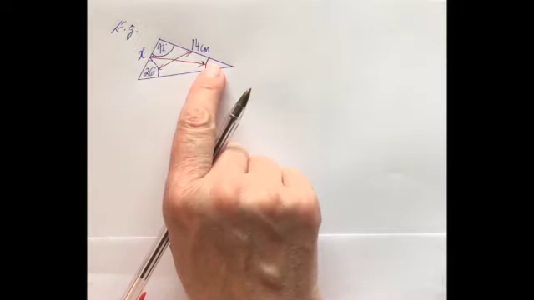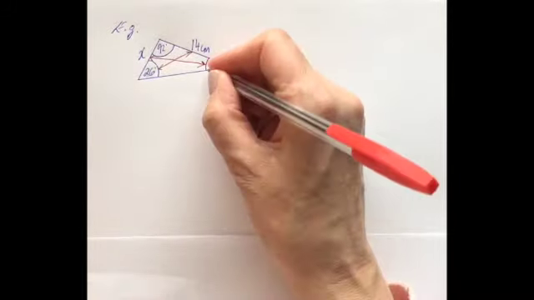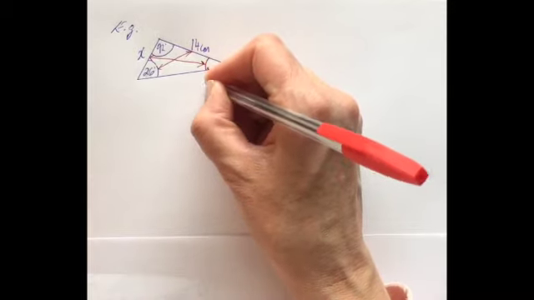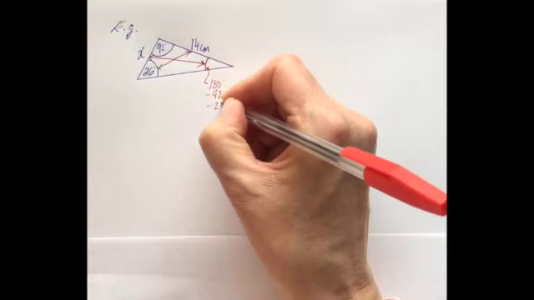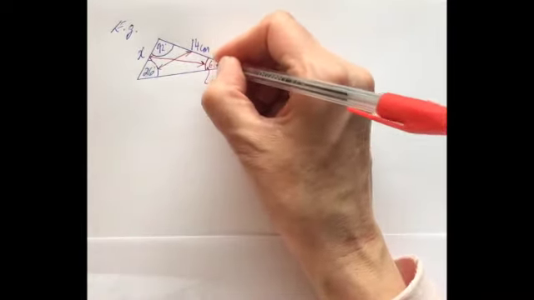So I can figure out this angle, and then I will have the opposites linked up, and so I will be able to use sine rule. So, in other words, this angle here must be, well, if I take away 92 and 26 from 180, I get 62, and that must be that angle there.